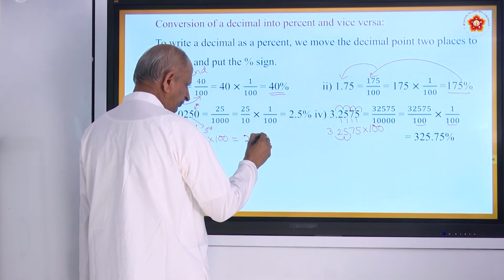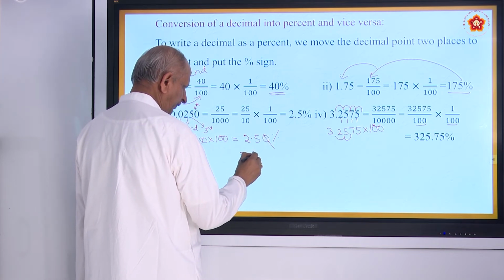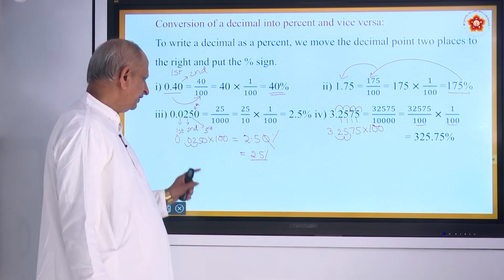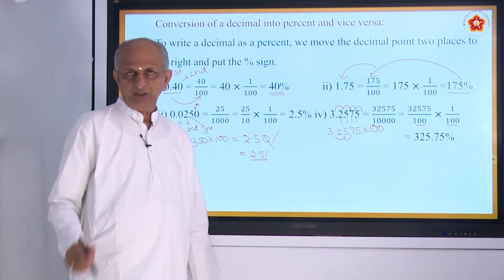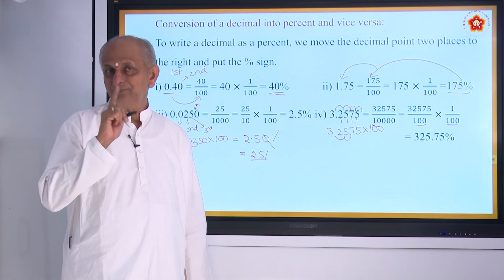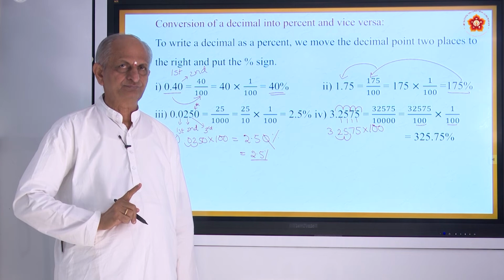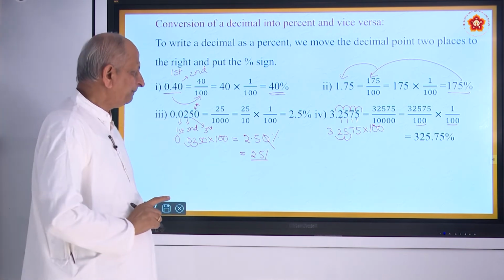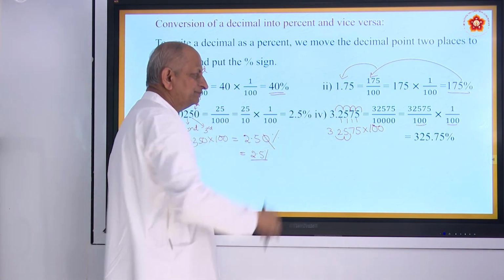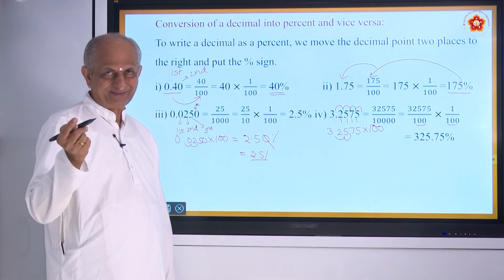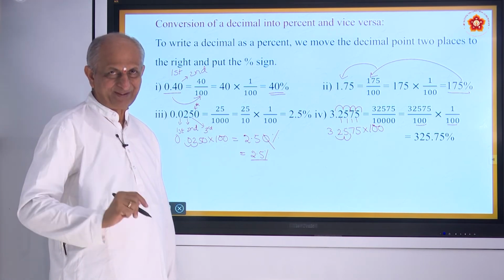Or when a 0 is in the denominator, you can cancel it. So 2.50% or 2.5%. So, you can convert it into fraction and then do it, or you can just multiply by 100. Always in decimal, please note, if you multiply by 10, you have to move the point to the right, 1 place, 100, 2 places, 1000, 3 places, like that.